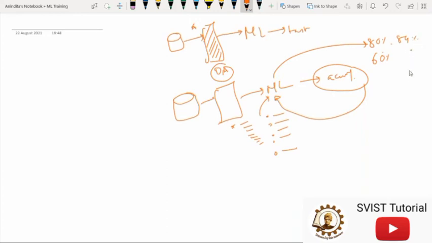At a certain point of time, though I am trying so many mechanisms, my accuracy is fixed. At this point of time, I will conclude it is not possible to increase the accuracy of this machine learning algorithm on this data set beyond 90%. So this is the concept.